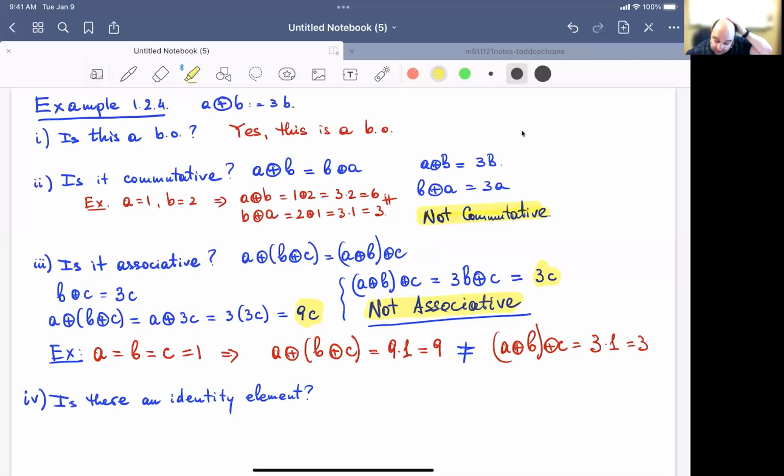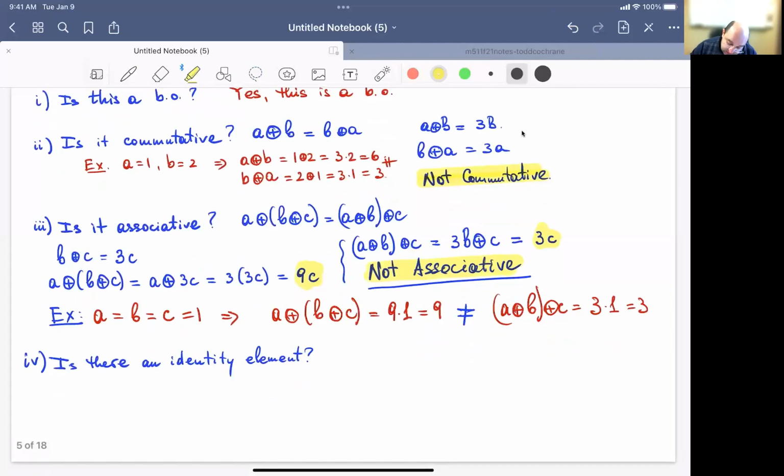Okay, the next thing would be to see if there is an identity element.